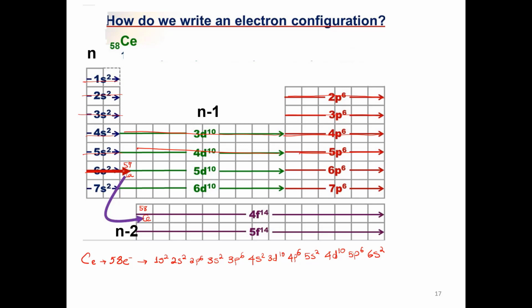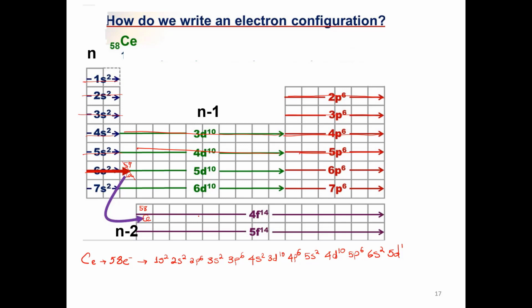Then 57 is in 5. What position is 57? It's 5d1. Yes, 5d, but it's in the first position. Then we will write 5d1. Now we need to move down, because here we had 57, 58, and in 58 we had 4f.